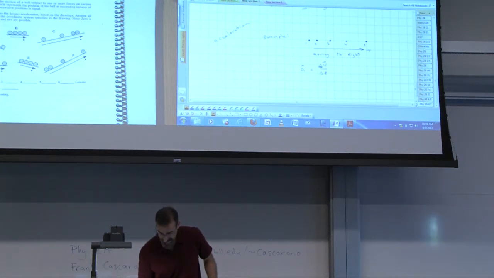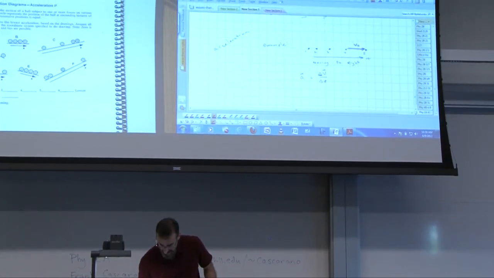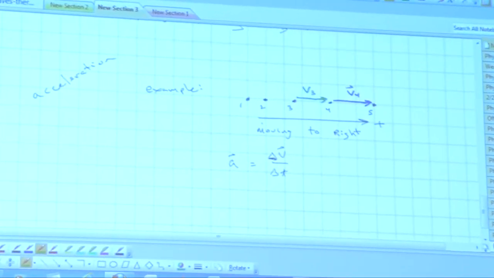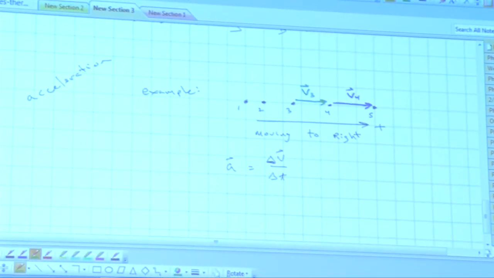So in one time interval here, the velocity goes from, I'll use blue and green or something, that's V4, and that's V3. So the change in velocity is V4 minus V3, which would put us at this.